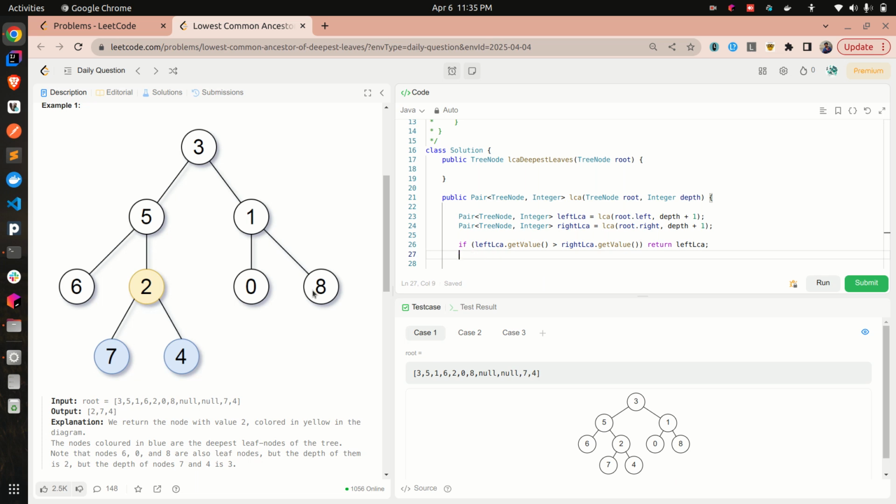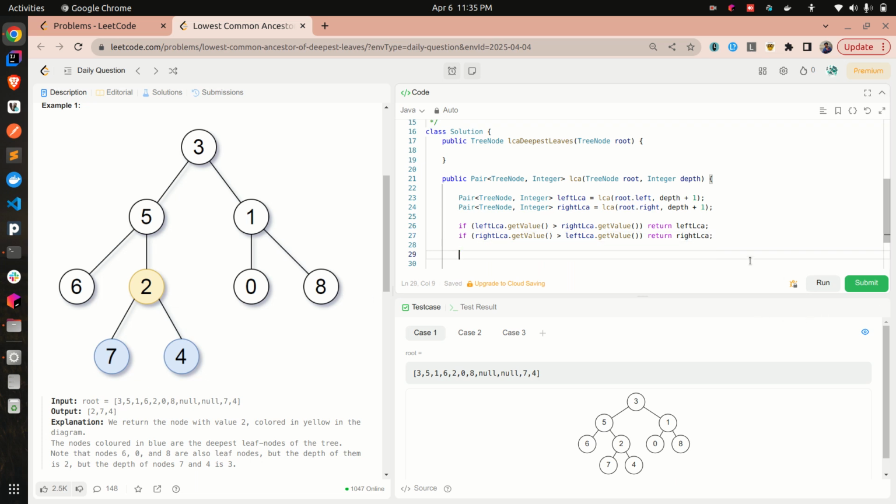Else, if the depth of the right subtree's leaf nodes is higher than the left subtree's, then my lowest common ancestor would come from the right tree.